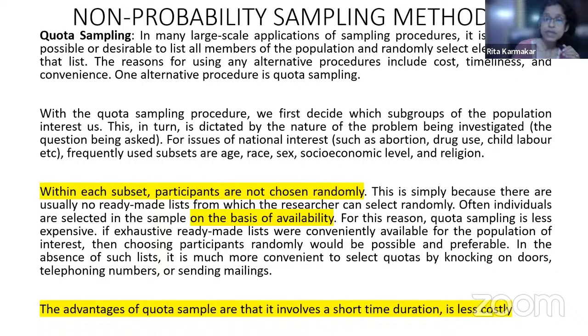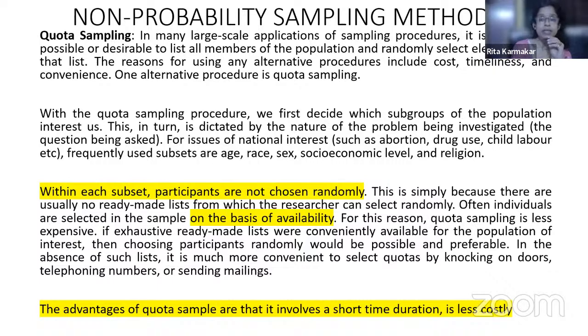In this case, the first one, which is very widely used, is the quota sampling procedure. Quota sampling is similar to stratified random sampling. In quota sampling also, the researcher is dividing the population into different subgroups or strata.